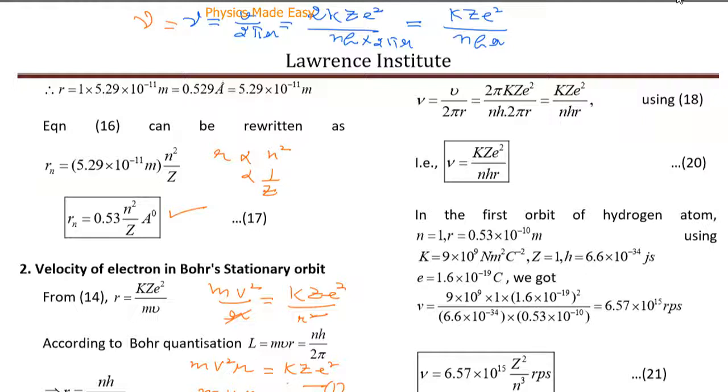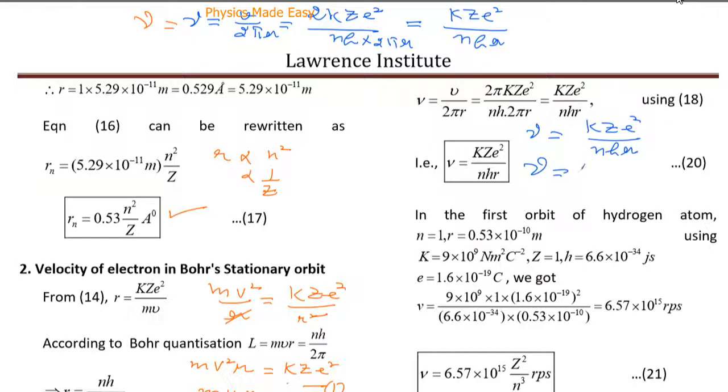So this is the formula for frequency. The formula for frequency nu is k Z e square by n h r. Now if we fill all these values, then we get frequency nu.